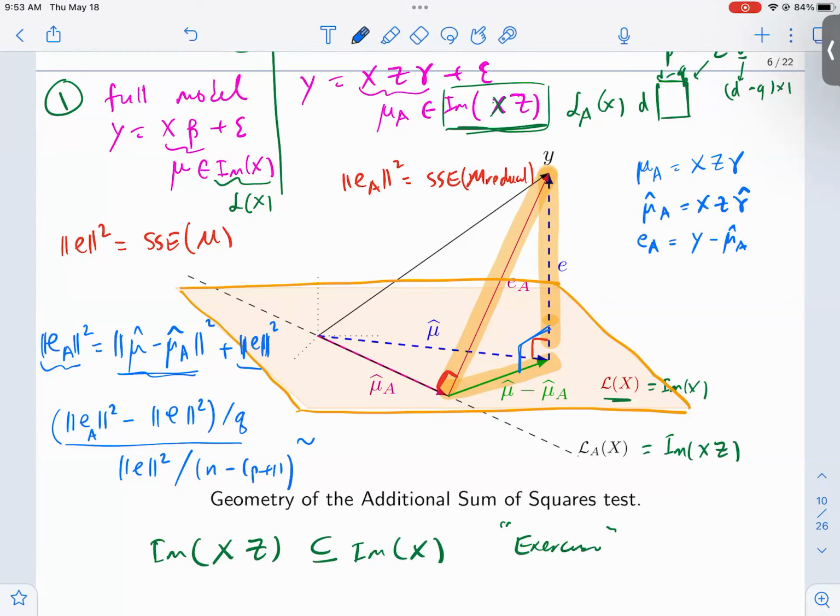I'm also projecting Y down onto the image of X, so E is orthogonal to the entire image. In particular it is orthogonal to mu hat, but also to mu hat A.